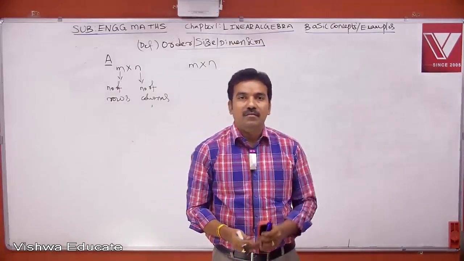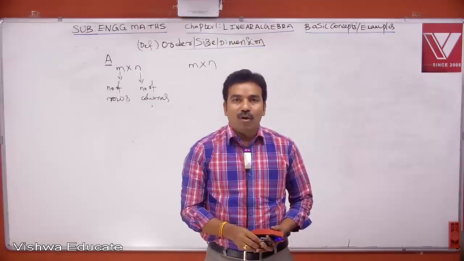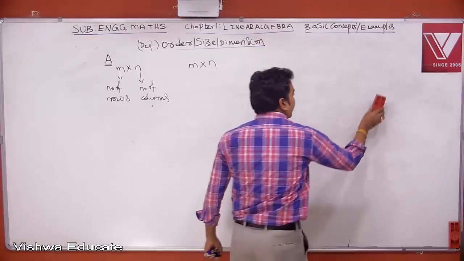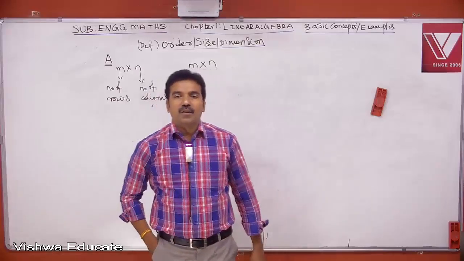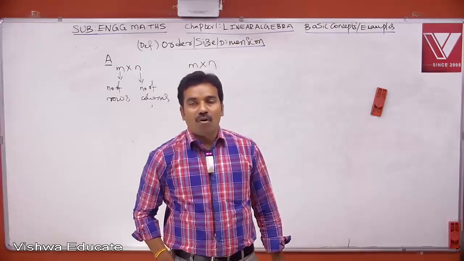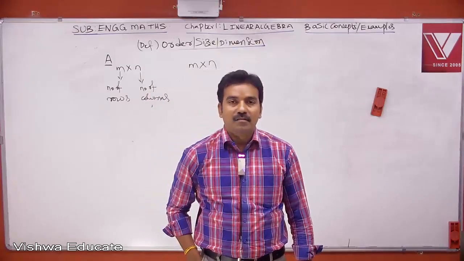Write the definition. The number of rows and columns of a matrix is called the size of a matrix.